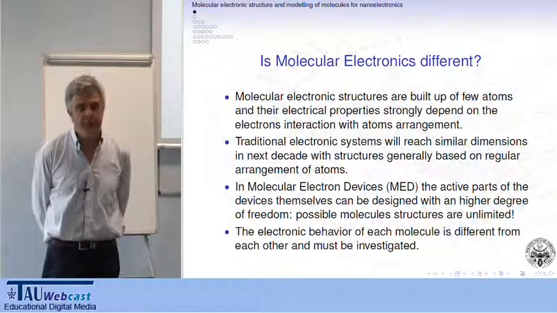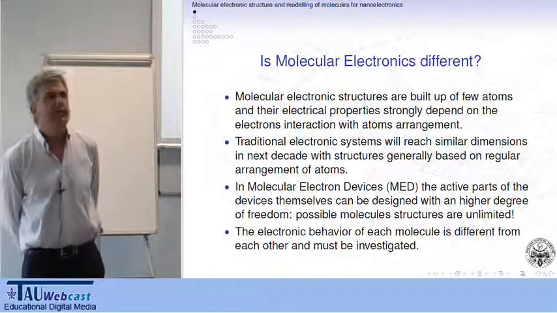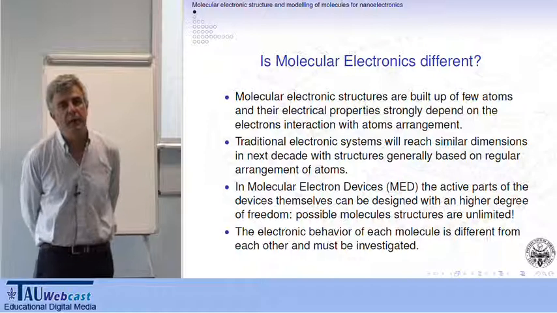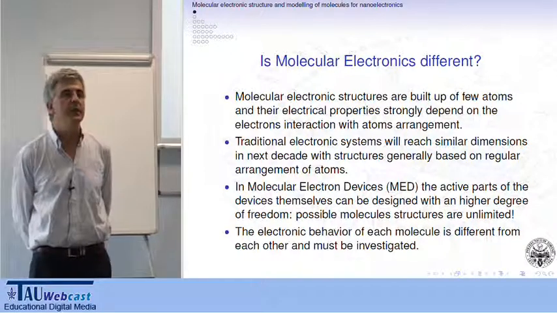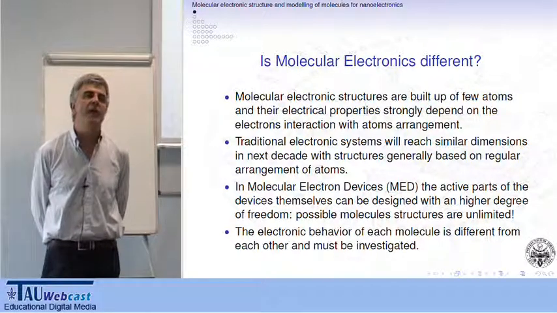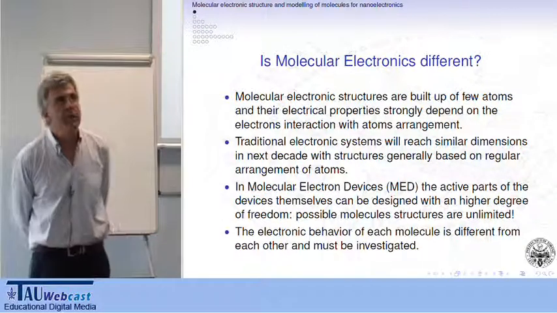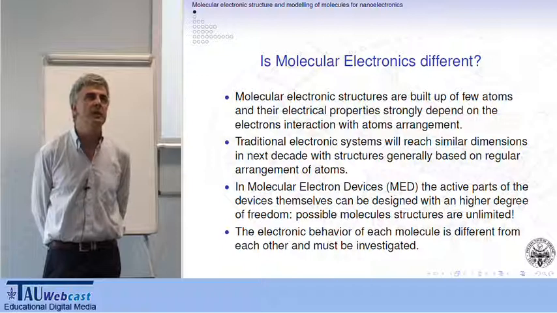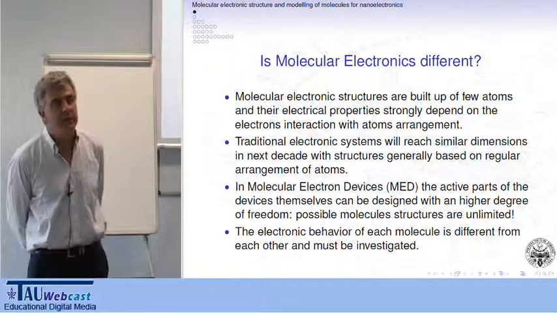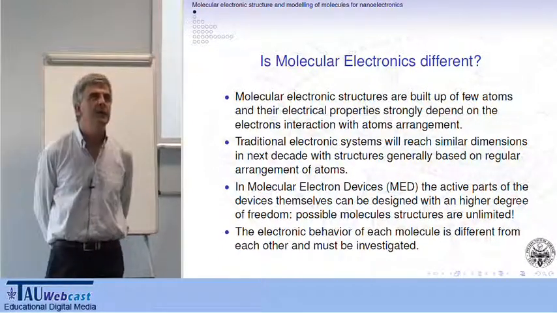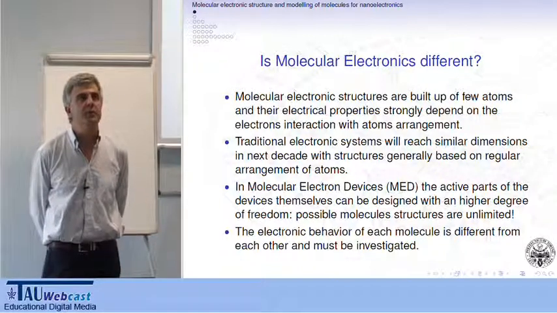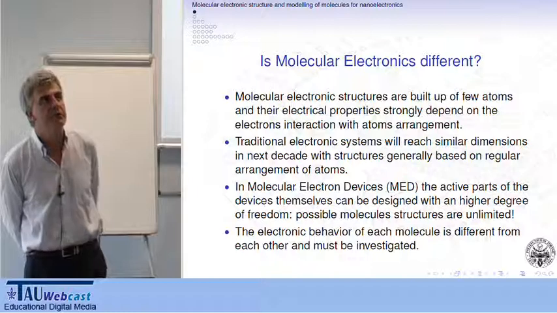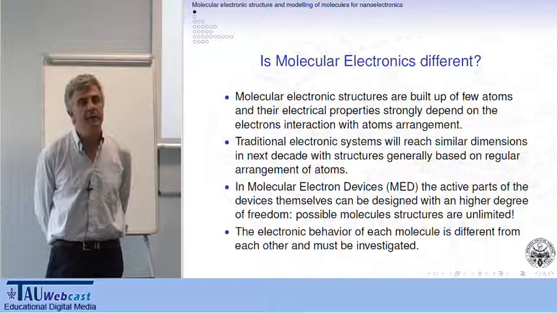But there are differences between electronics in semiconductors and electronics in molecules, because even if we have a very, very small structure made of semiconductor, generally that structure is regular. So we have a repetition of the same structure, and some properties can be derived from this kind of regularity.